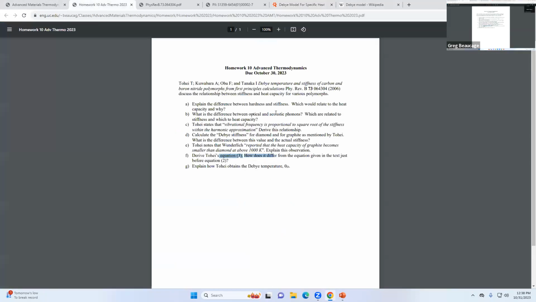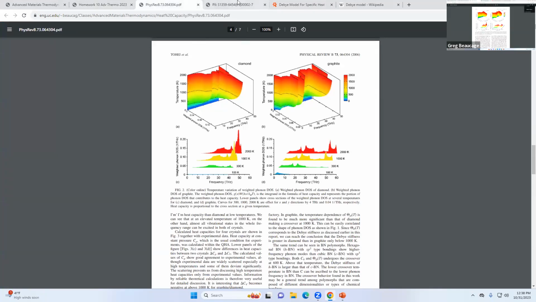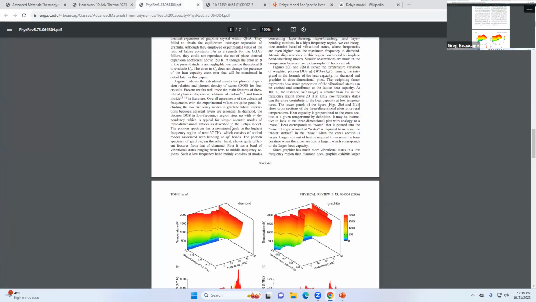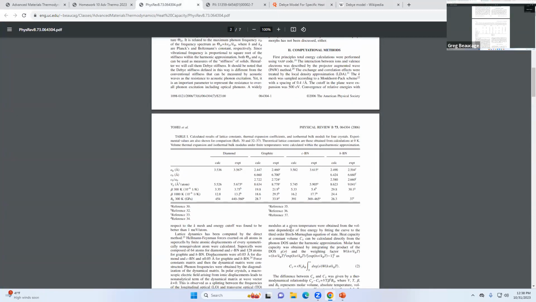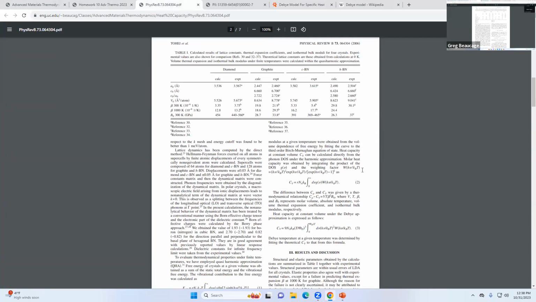But anyway, how does it differ from the thing before equation two? The thing before equation two is just the Einstein model. If you said C_P, that's the Einstein equation.